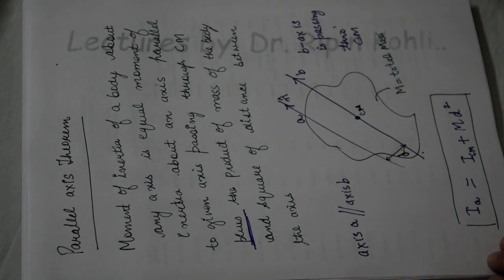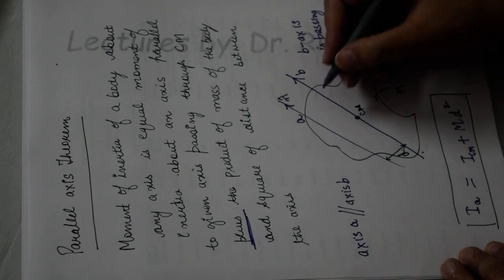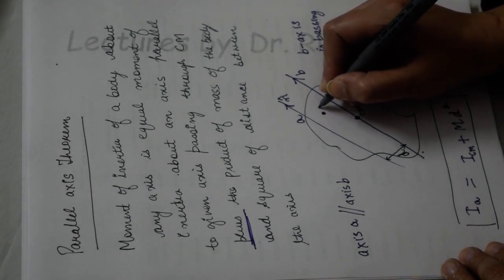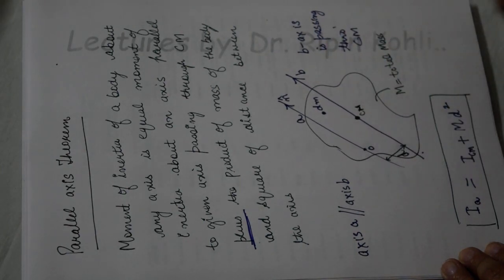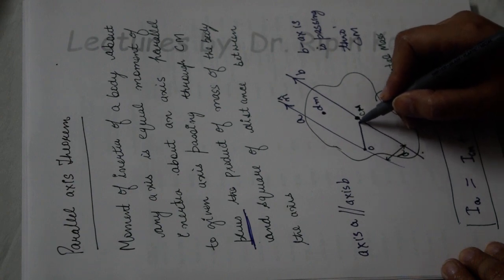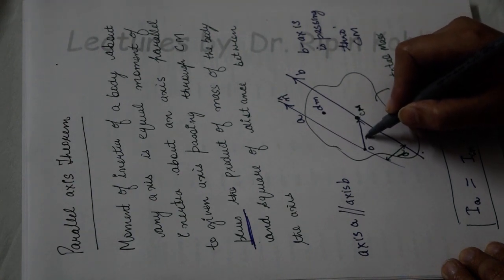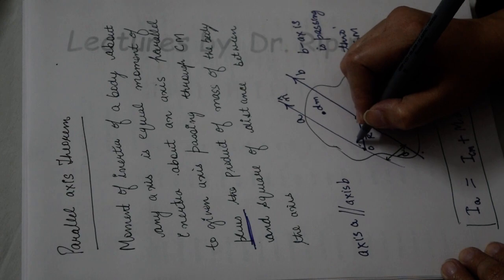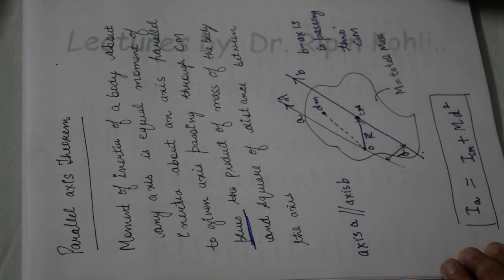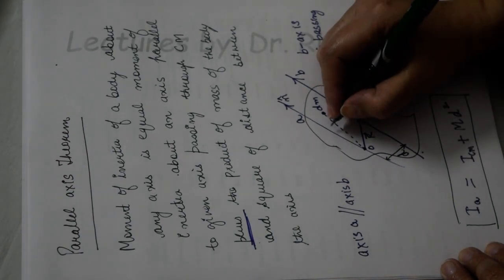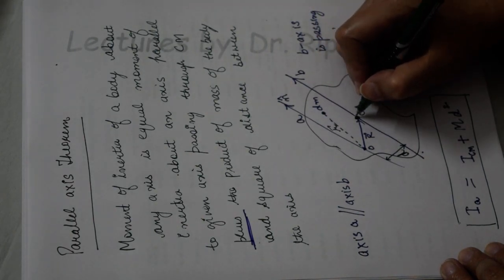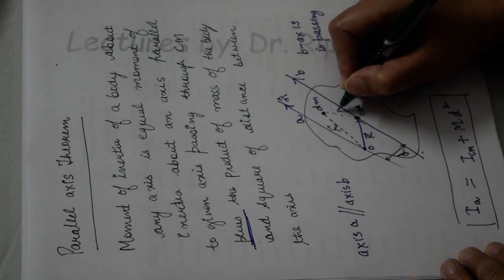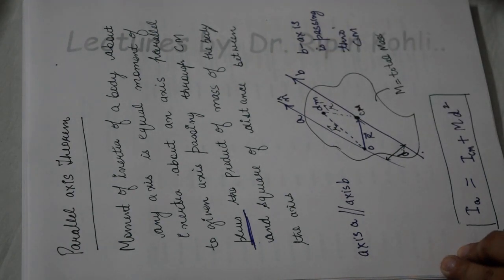the derivation, the proof of the result, I consider here an elemental mass dm. I consider here origin O. The distance of the elemental mass from the origin O is r, and the distance of the elemental mass from the center of mass is r dash.